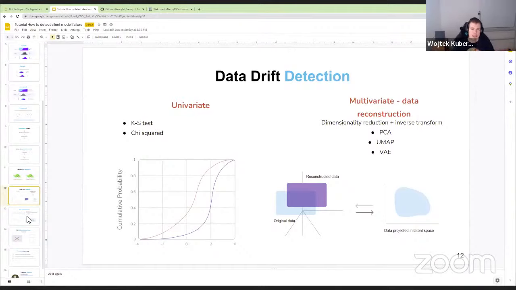The first one is false positives. Imagine that you have 100 features in your dataset, and that can easily happen in basically any use case. Then you will constantly see small changes that are statistically significant basically everywhere. That does not mean that the performance of your model has decreased, because again, data drift does not equal performance, but you will not be able to really figure out what's going on and will literally drown in alerts.